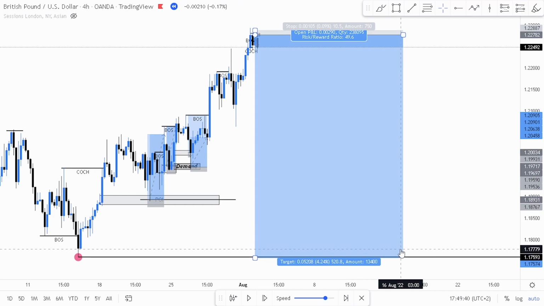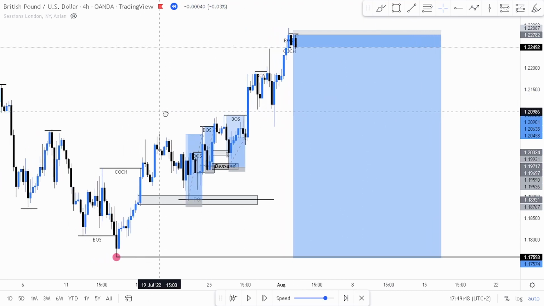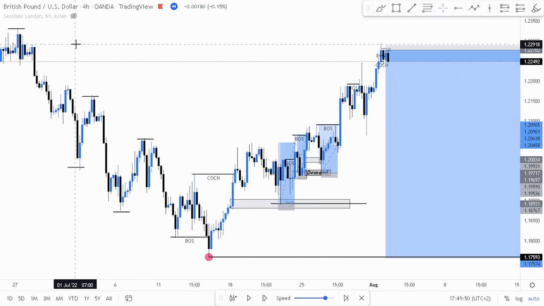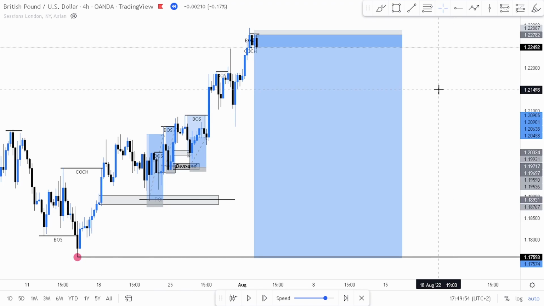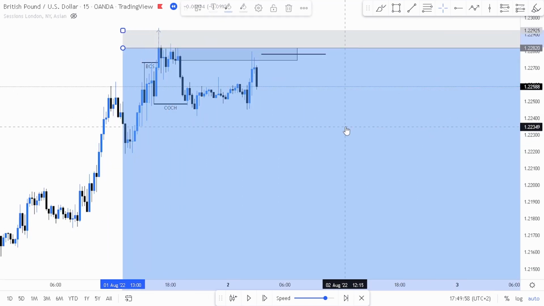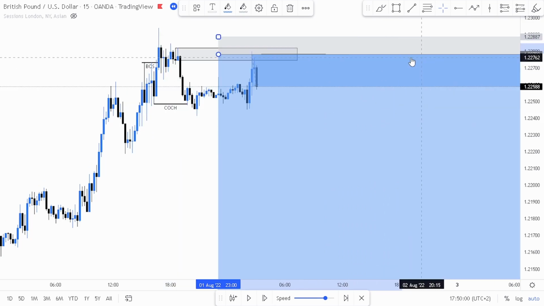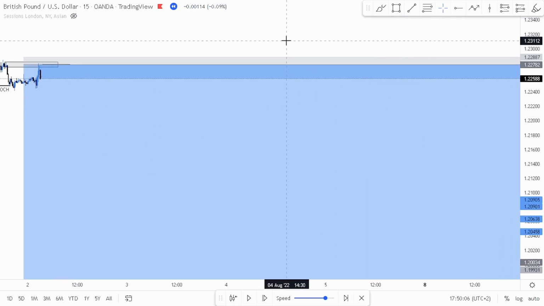Now that is what our rules tell us, but we react to the market. We don't tell the market what to do. So the market has reacted to a level of supply. So as it is reacting to a level of supply, we are also reacting with it. You know, we are reacting with the market to see where our trade will actually take us.